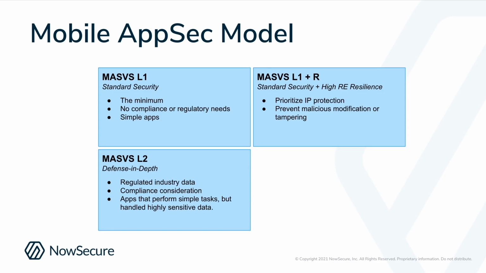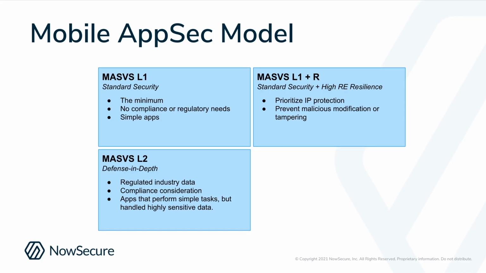If that IP isn't protected, somebody might be able to reverse engineer the app, figure out how the API works, figure out something in the source code that's important. And once they figure that out, they're able to recreate that app themselves, pirate it, do something bad, maybe even give themselves fake currency within the app if it's a gaming app or something else. All of these are totally part of the attack scenario for these apps. So it's important to understand that, and that's why it's so important that those apps have reverse engineering resilience.